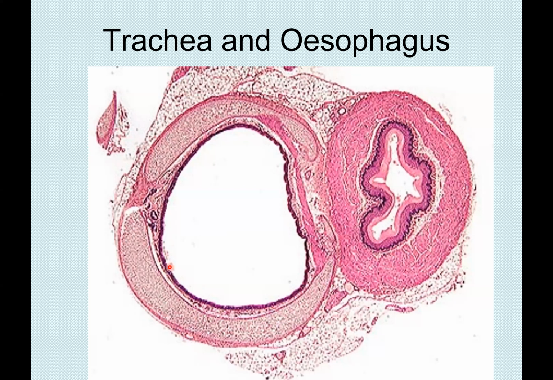That is the lamina propria. But this one is the submucosa. What about this? What is this? Hyaline cartilage. Cartilage. That is very beautiful. You guys are good.